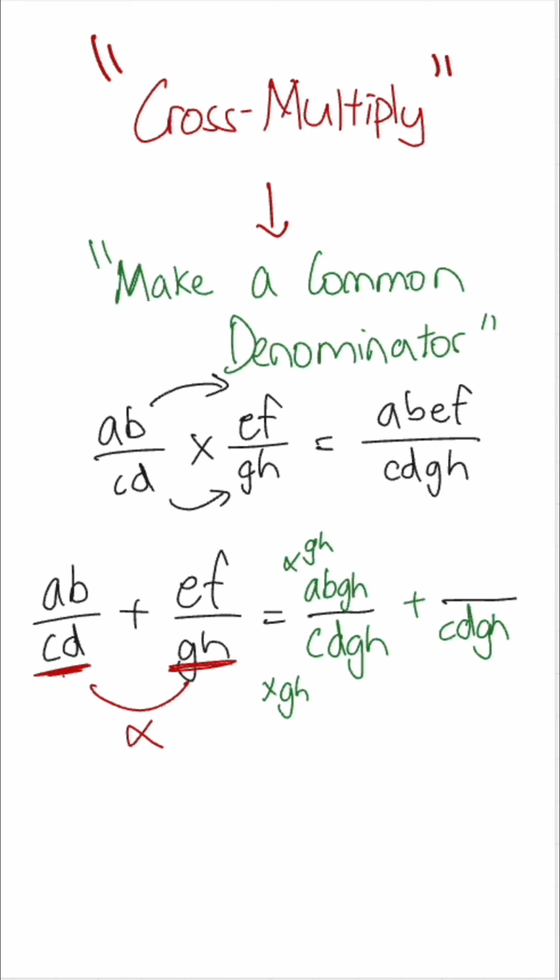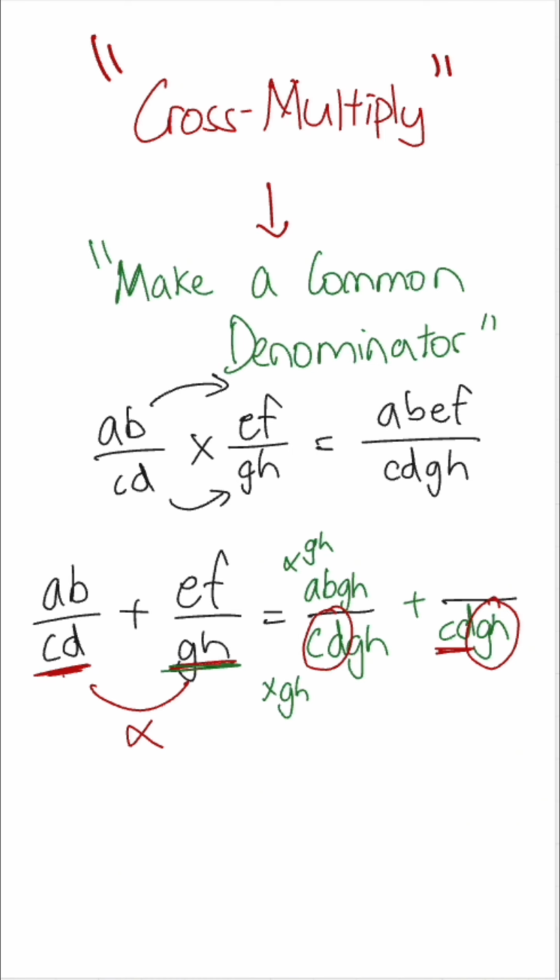Because the other fraction already has the GH, as you see here, right? So the component that it needs is the CD component, right? And for this first fraction, we start with CD.